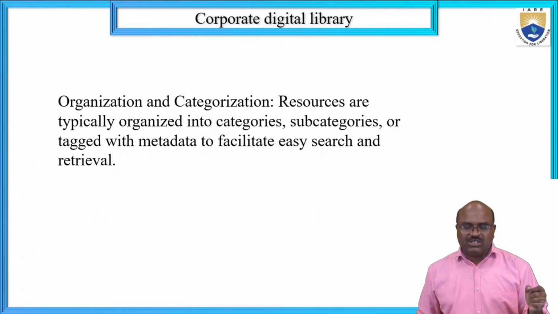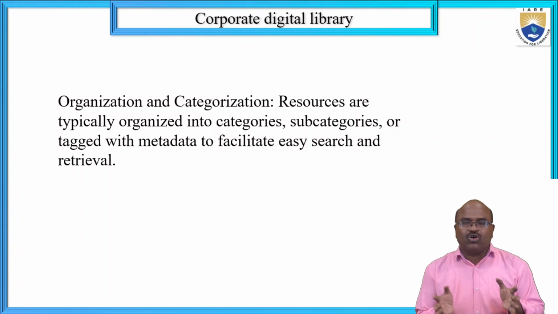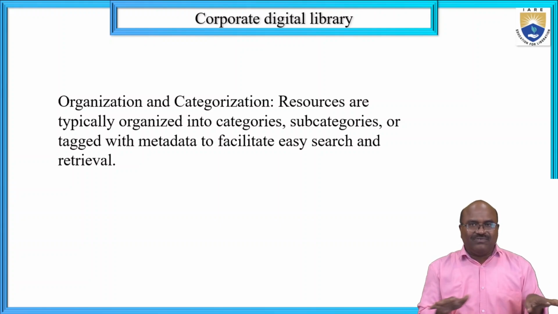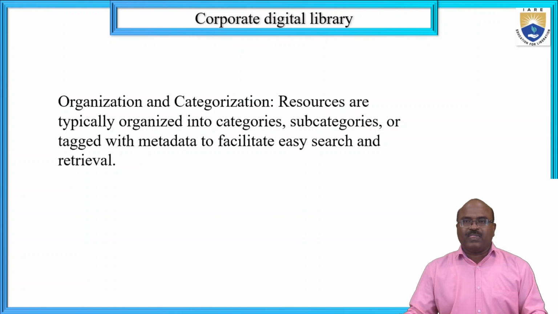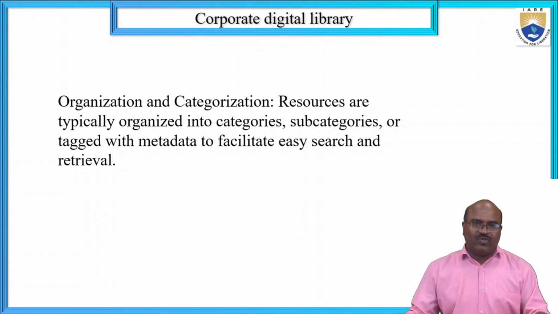So resources are typically organized into categories. In the sense that the entire corporate digital database is divided into categories or partitions. One place is one partition, another place is another partition, and so on, based on file name and servers.